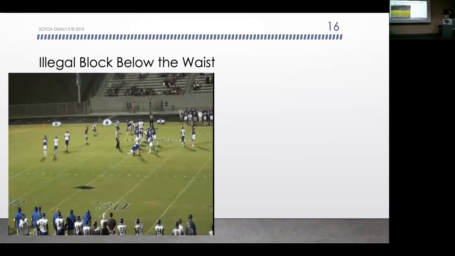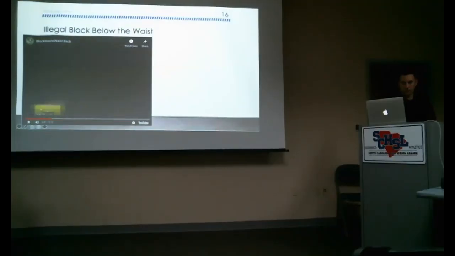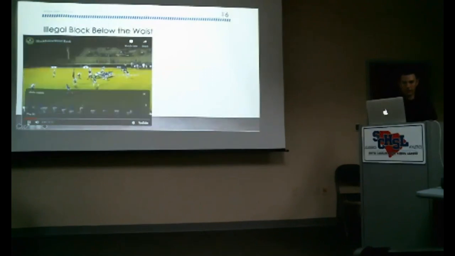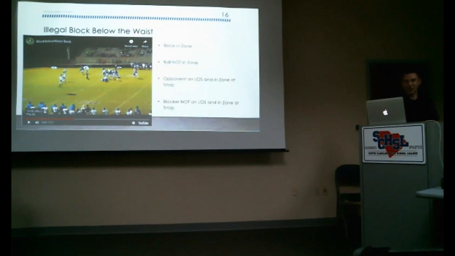All right, so first of all, is this guy a back or a lineman? The back, okay? So can he block below the waist? No. Well, yes, you can. You did it. So the block is in the zone.